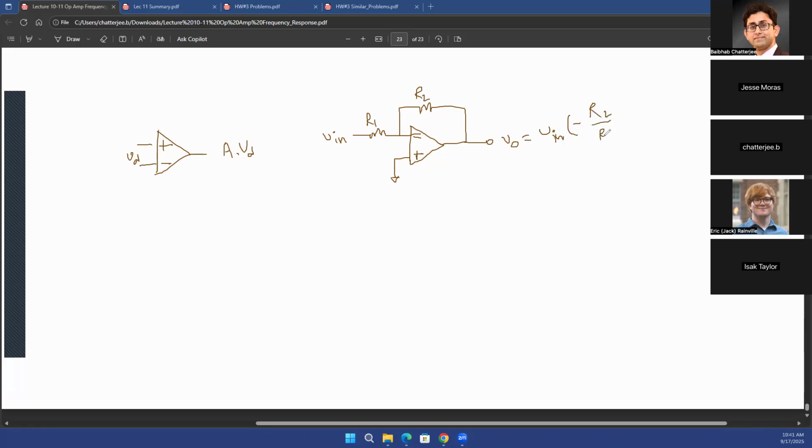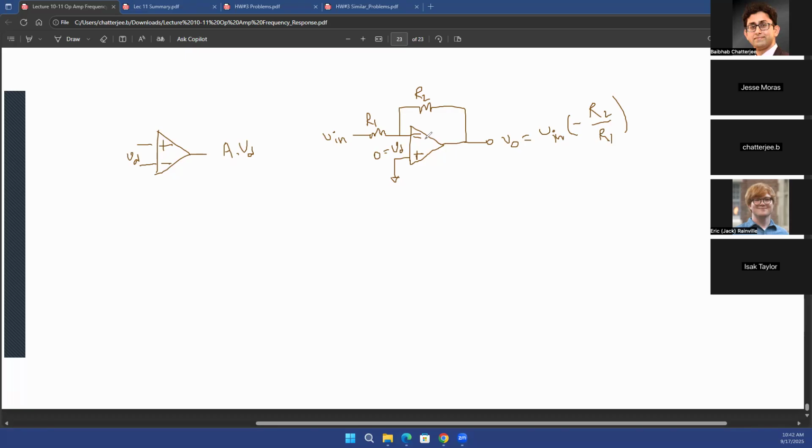Now, there is an interesting question. If there is a virtual ground at the input, which means that the difference between the positive and negative terminals, VD, is equal to 0, so the difference between these two is 0, then whatever gain you have for the op-amp, that multiplied with 0 should be 0, right?